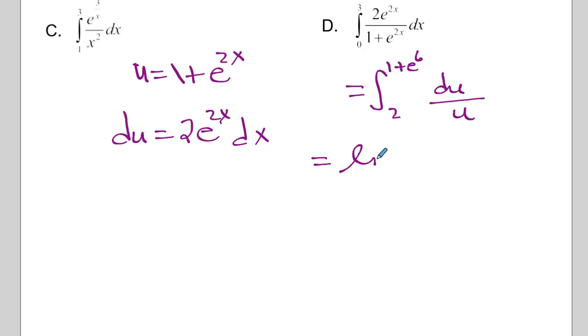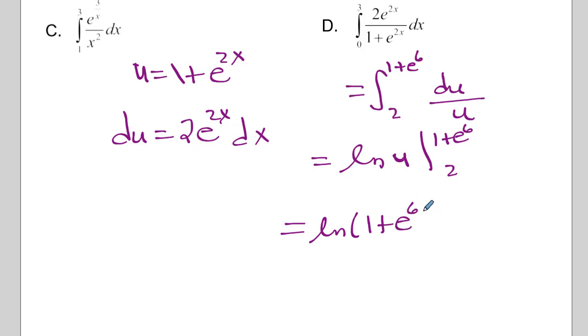It's going to be the natural log of u evaluated from 2 to 1 plus e to the 6, or we get natural log of 1 plus e to the 6 minus natural log of 2. All right, and you could put that in your calculator.